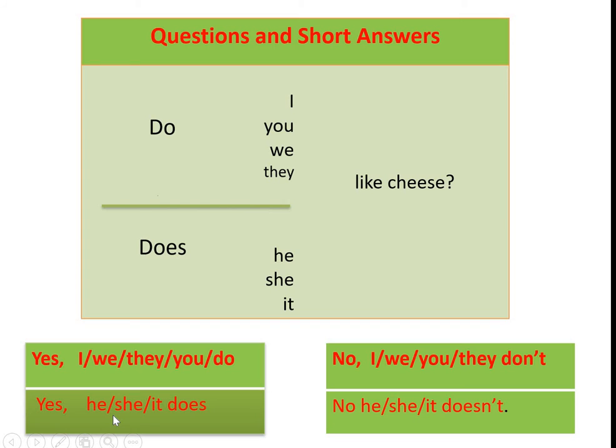With a singular subject, we use does. If we want to make it negative, we use do and put not, so we say don't. And if it is a singular subject, we put does and not, if it is a negative answer.